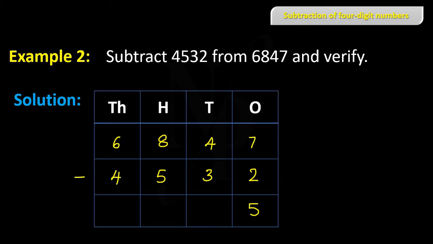And in tens column 4 minus 3 is 1. Here 8 minus 5 is 3. 6 minus 4 is 2. 2315 is the difference. And now let us verify our answer.